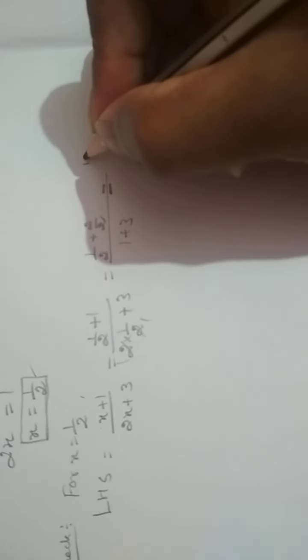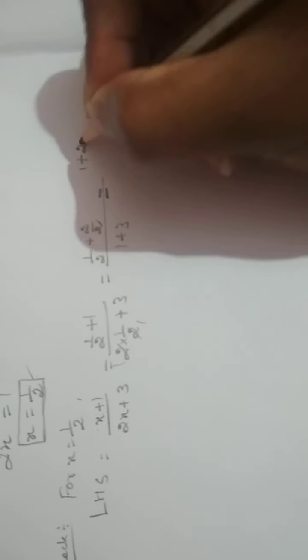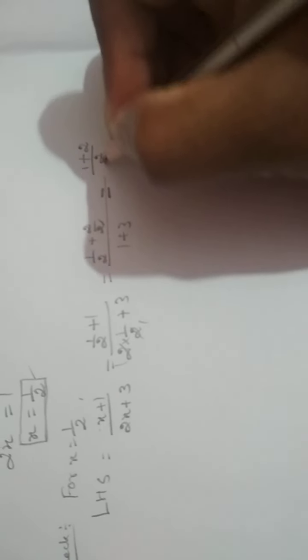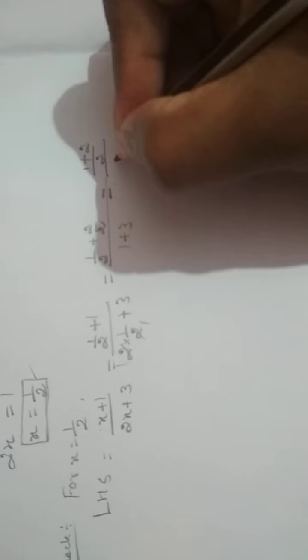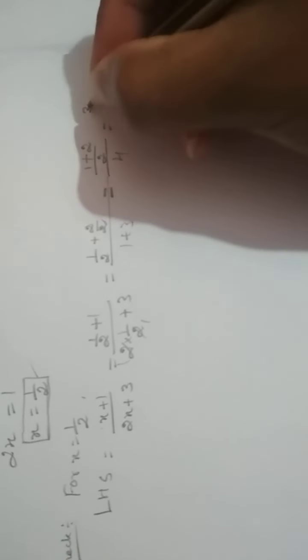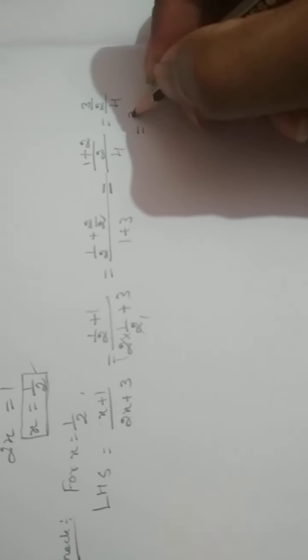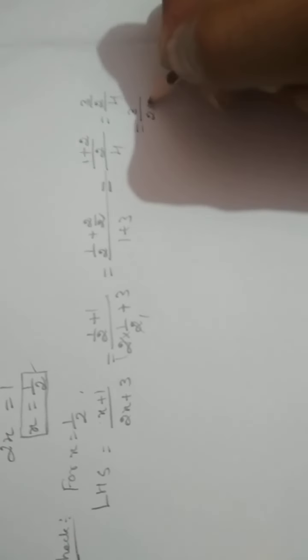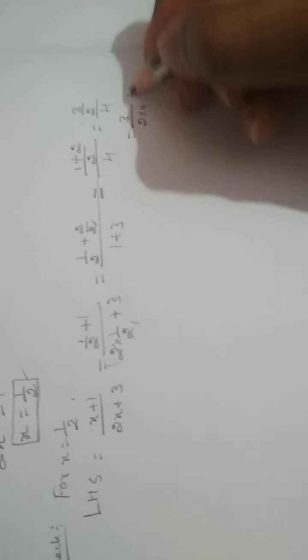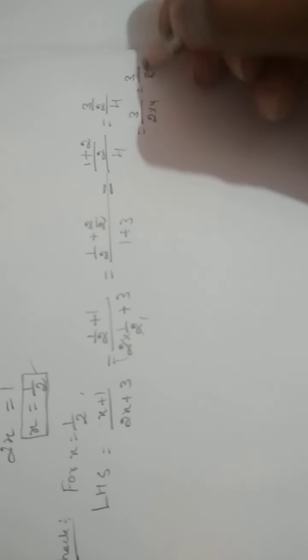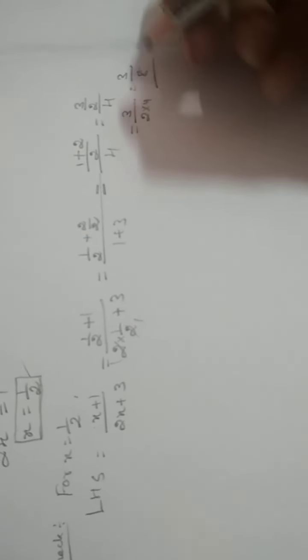The denominators are the same, so we can add the numerators only: (1 + 2)/2, which is 3/2, over 4. We write 3/(2 into 4), which is equal to 3/8. So LHS is 3/8.